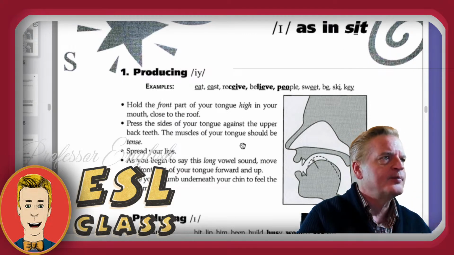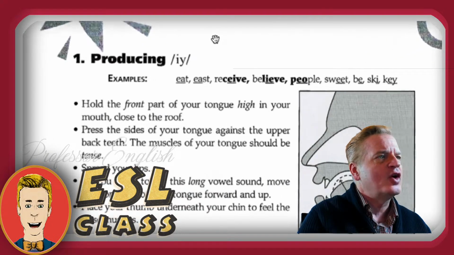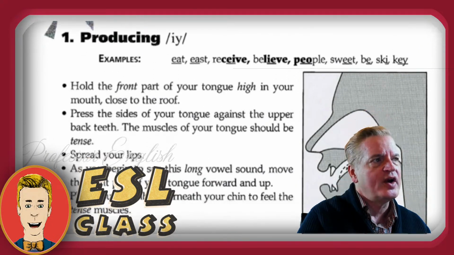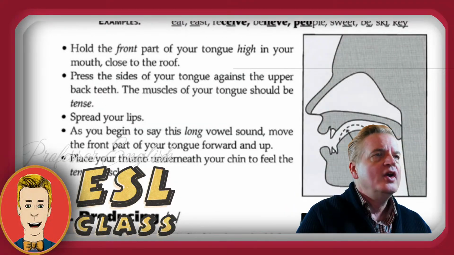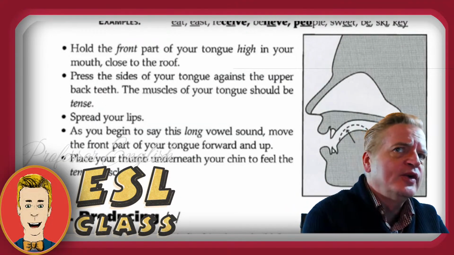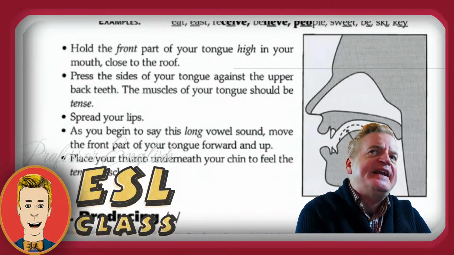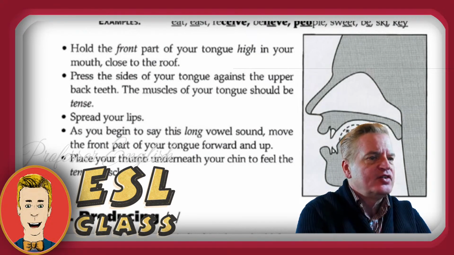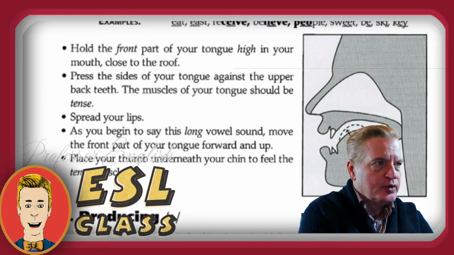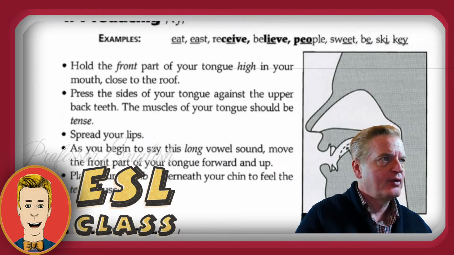Oh, before we do, let's talk about how you produce the long I and how you produce the short I. Okay, now the long I sound is the sound in heat or meat or seat. These are the instructions on how to produce this sound.